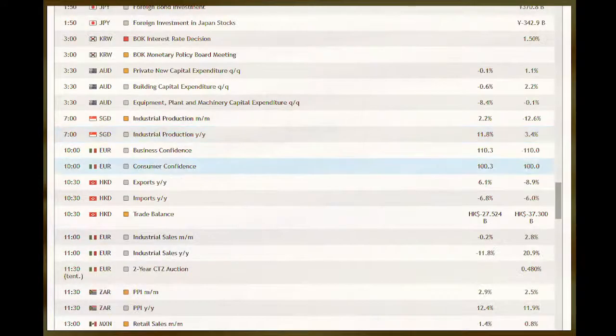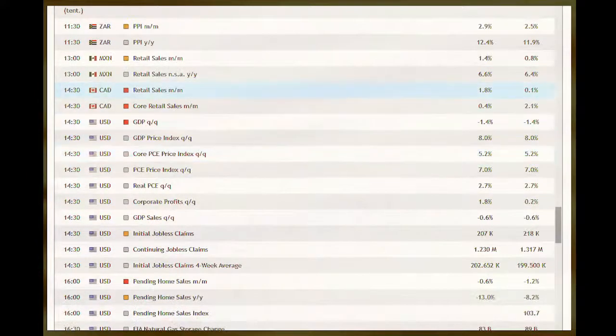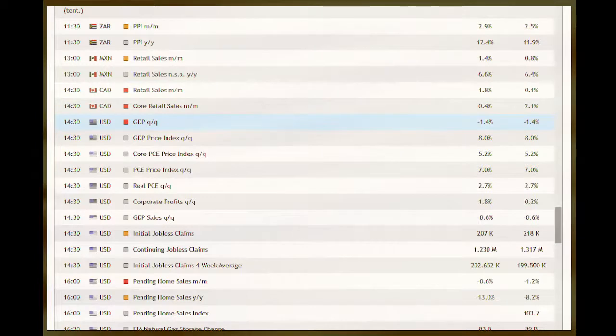Moving on to Thursday, we do have a few. We have the CAD retail sales month on month and core retail sales month on month at 2:30. At the very same time, we also have the US dollar GDP quarter on quarter.